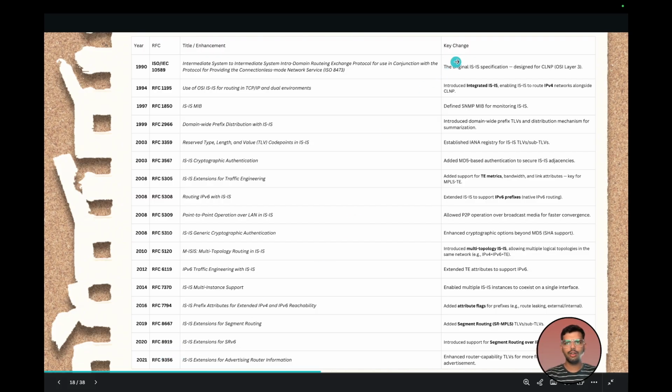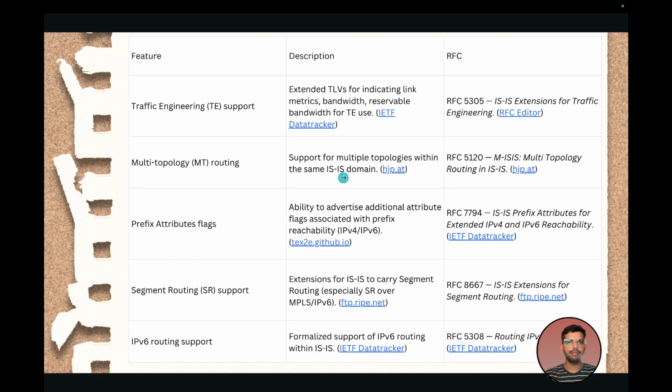You can see all of these key exchanges, RFC numbers and the years that have been marked for the IS-IS enhancements. We cannot go through each enhancement because the list is very long, but I can give you a brief description of the major changes. Traffic engineering support was included as part of RFC 5305.